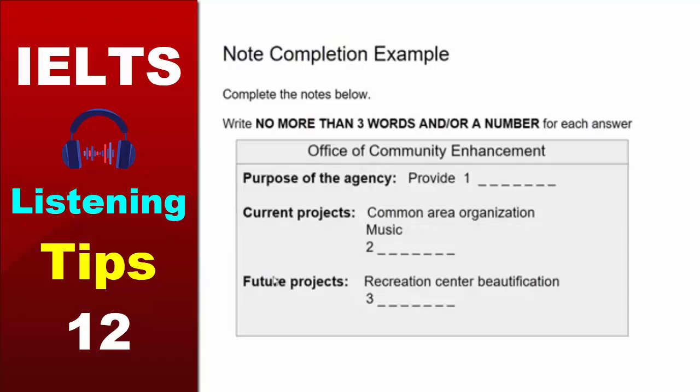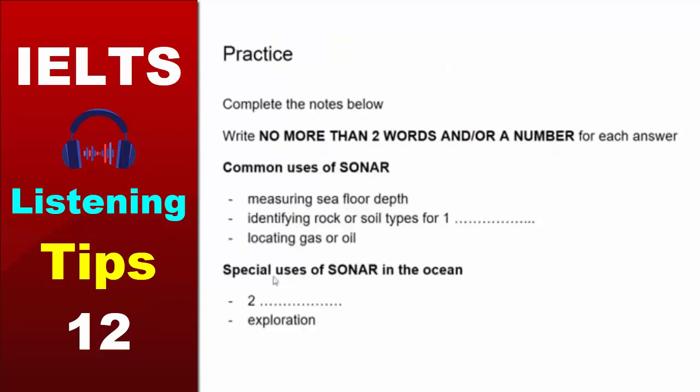Okay, and then we've got to listen for number 3 there, whatever that's going to be. All right, very simple sort of strategy here, just trying to notice what are going to be the movements from one question to the next, what is the key or basic information provided here, and what information do you need to listen for as you go through this. All right, now let's give this a try.